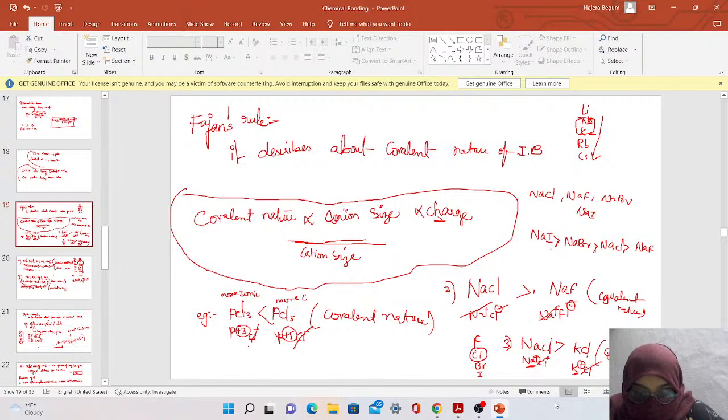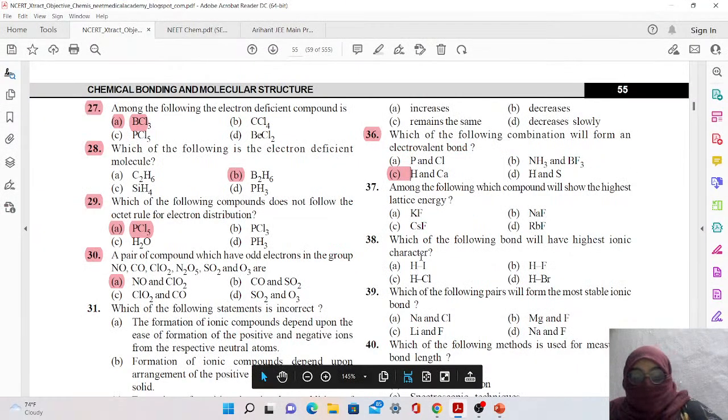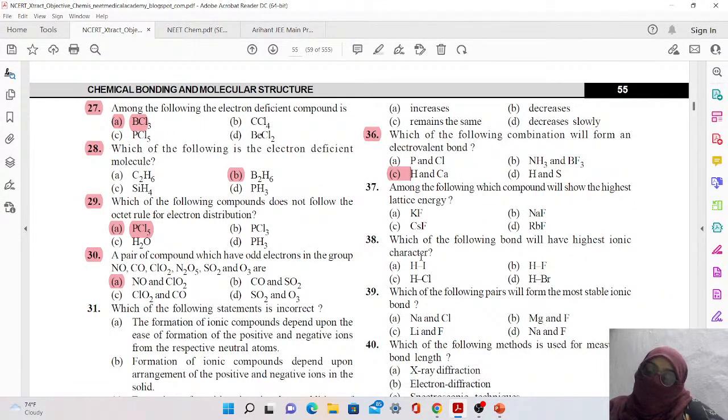Let's find out the answer for this: KF, NaF, CsF, RbF. We neglect the F, because all have F. Even the cation charge is similar, so you can't say based on charge. You cannot say based on anion size either, because the anions are the same.